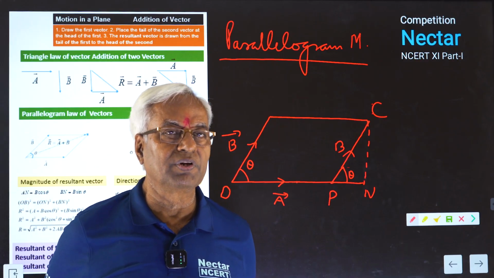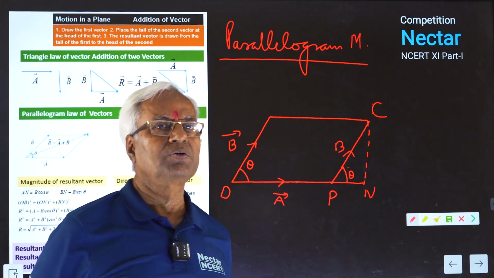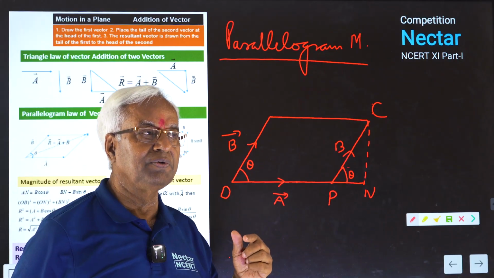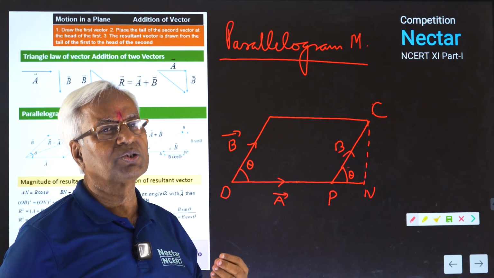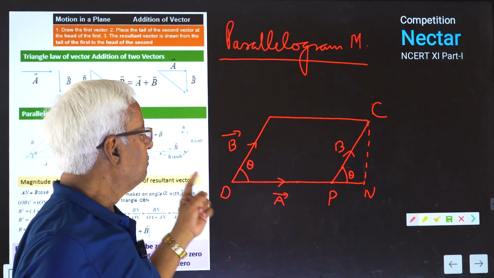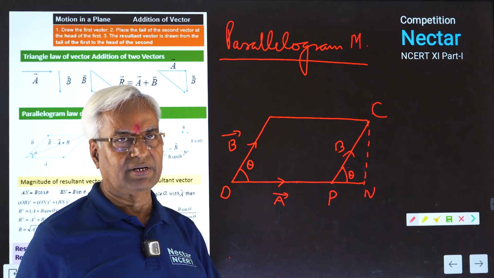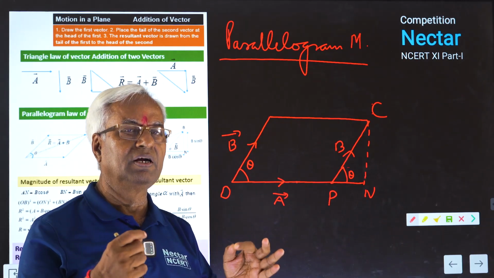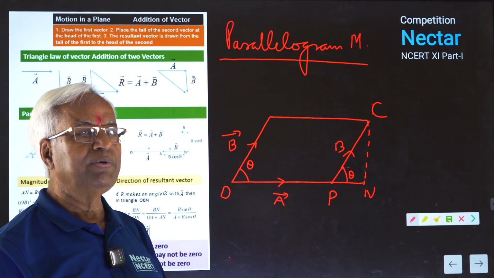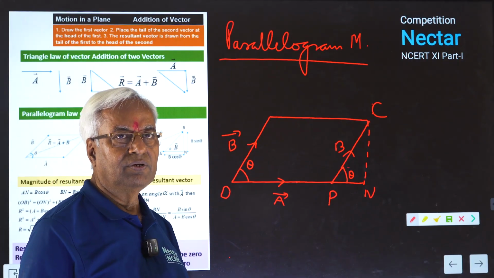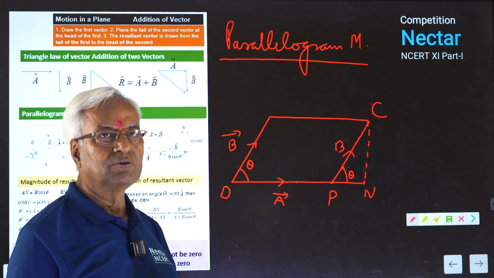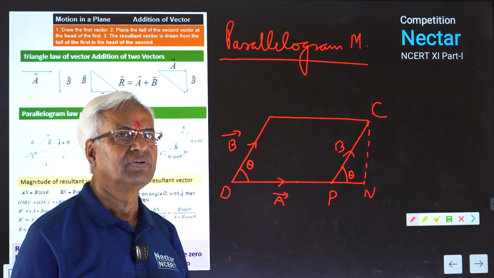The triangle method could be used for geometrical purposes. It doesn't give you any formula. If you want to get the length of the resultant, you need either a scale or some method of reduction. But in the parallelogram method, we'll have a complete formula for the value and direction of the resultant. To find the resultant by this method, we draw both vectors from one point.